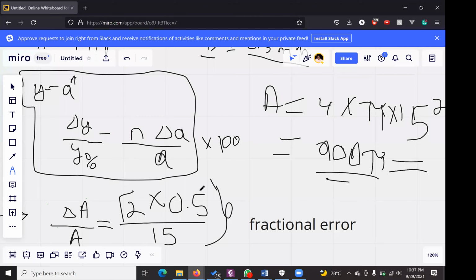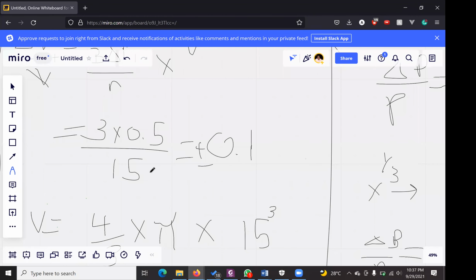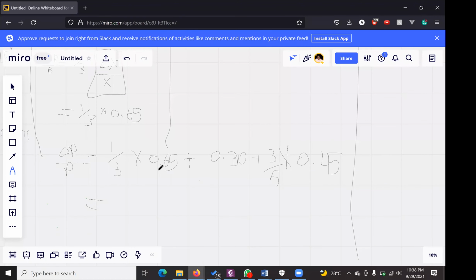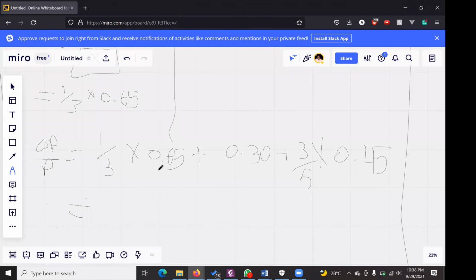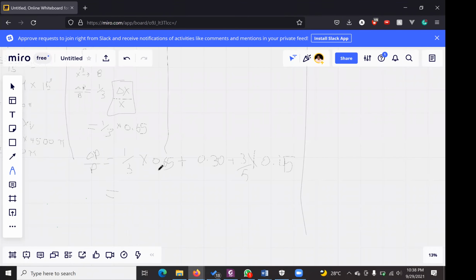So the question asked specifically for percentage error, and they already gave me the errors in percentages, so I use them as is. I could have easily said 0.65 over 100, 0.30 over 100, 0.45 over 100, but that would have given me the fractional error and it would have been quite small.